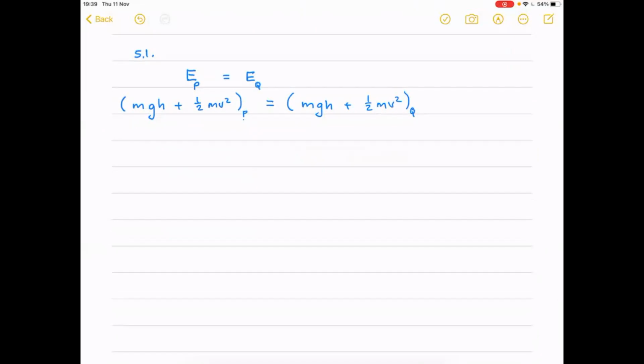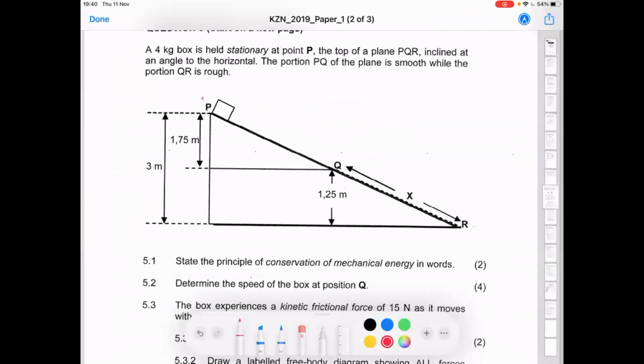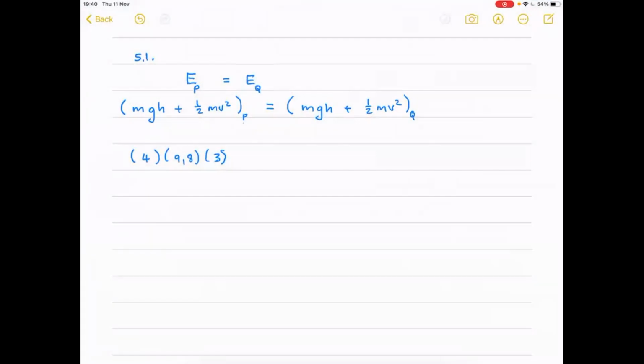Okay, so at point P, what is mgh? Okay, so we know that m is 4 kg, g is 9.8, and h is 3 meters. Okay, now I'm just going to show you that again. And then plus a half.